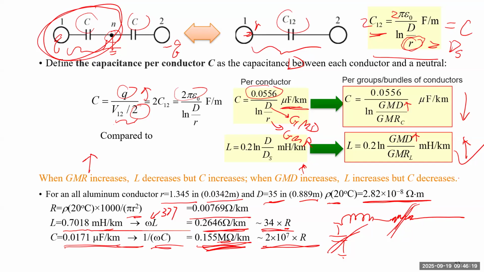It's like an open circuit. So finally, L is the most important one to model the line. This basically matches what we're going to learn in the next session about the line model. Any questions?